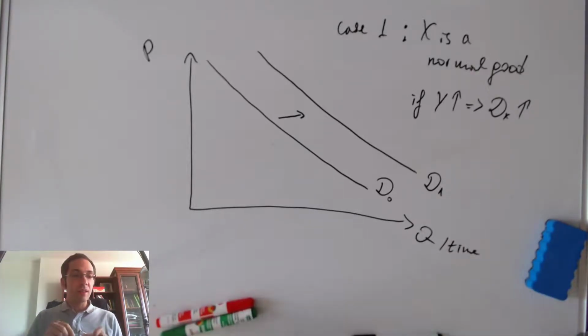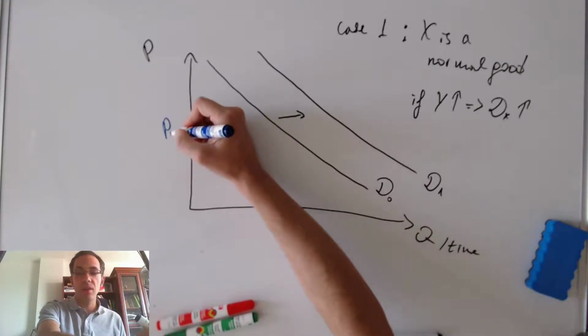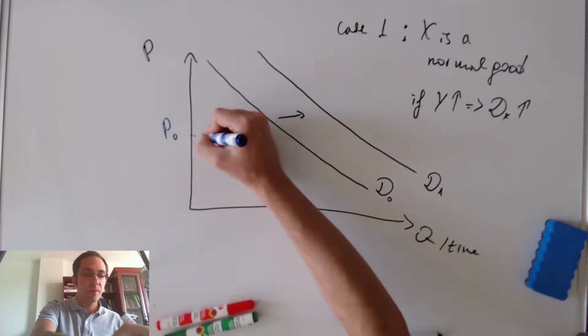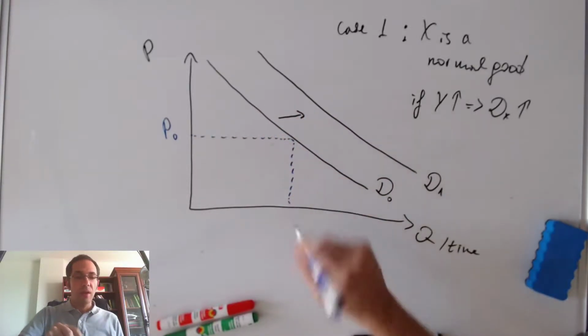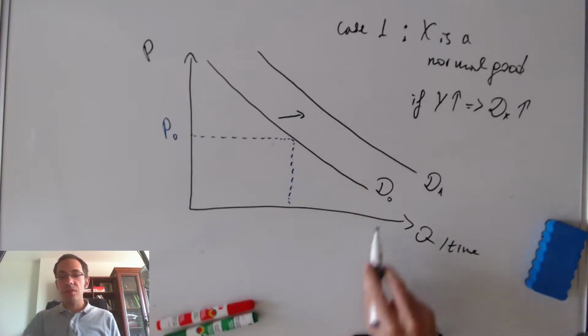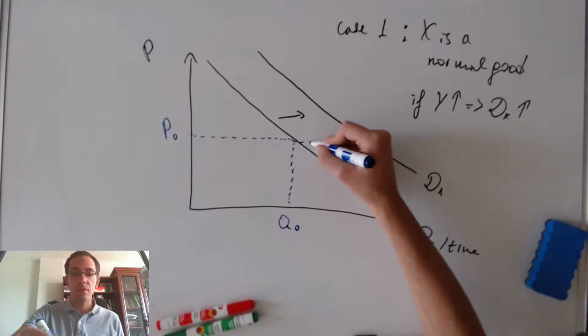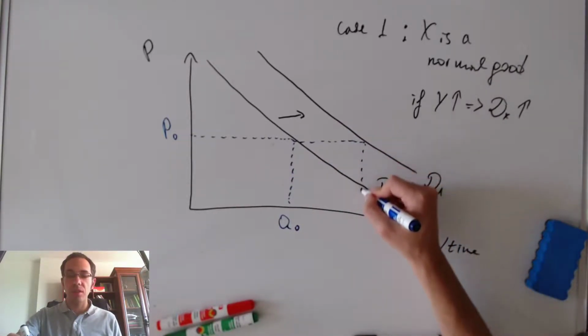We can see that for any price level, let's say P0, at a price level P0, D0 would generate a quantity Q0, but at the same price P0, D1 will generate a quantity Q1.